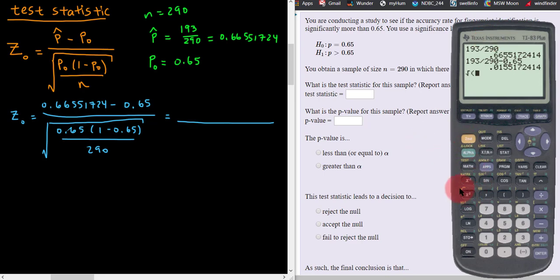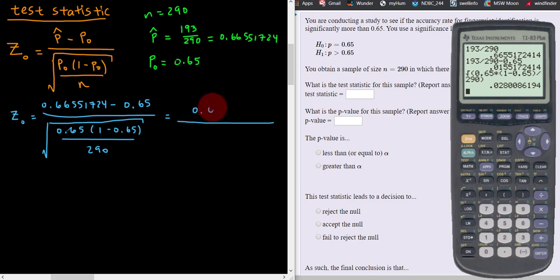Square root of 0.65 times 1 minus 0.65, close parentheses, divided by 290. But now I need to close the parentheses for the square root. Okie dokie. Okay, usually that denominator is a small number, so that is satisfying to me.